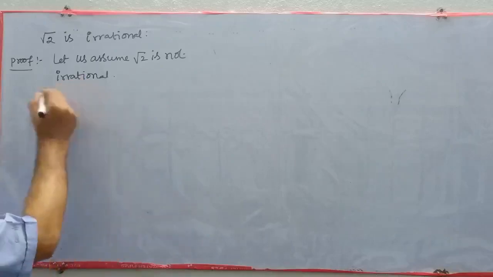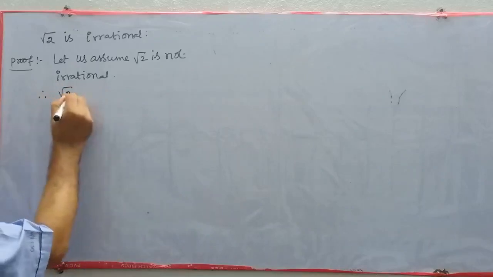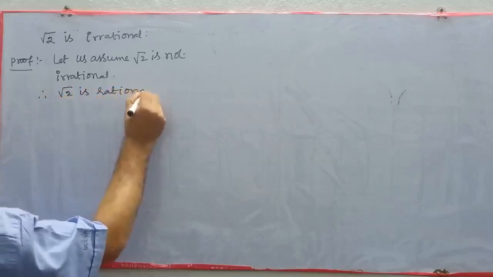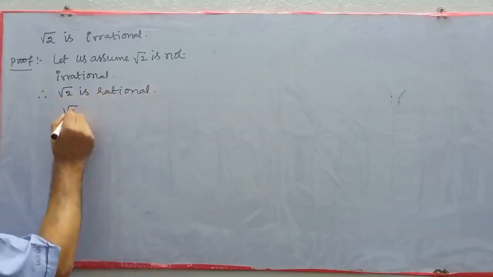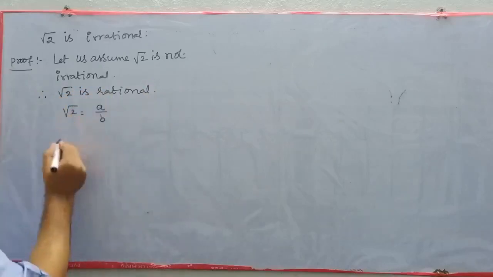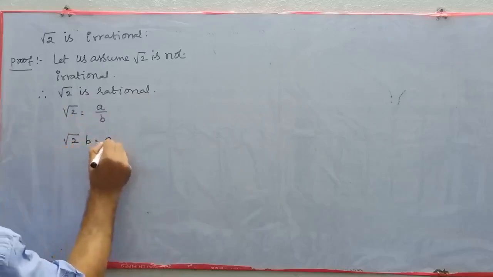Therefore, root 2 is rational. So root 2 is equal to a by b. Now cross multiply this one. We get root 2 b is equal to a.